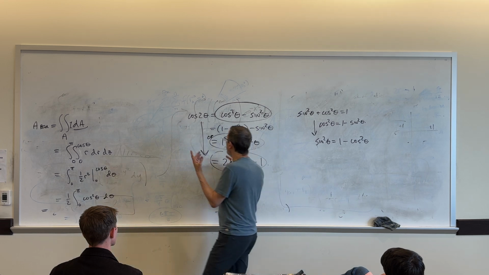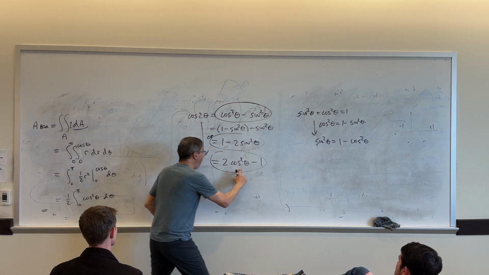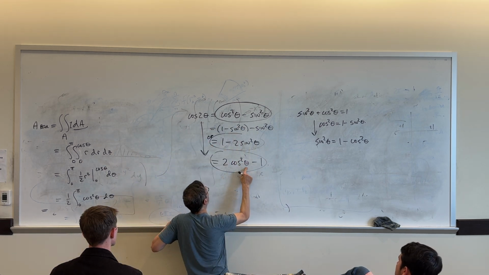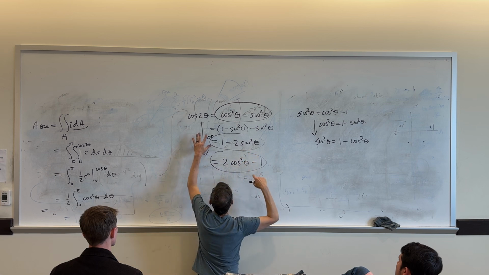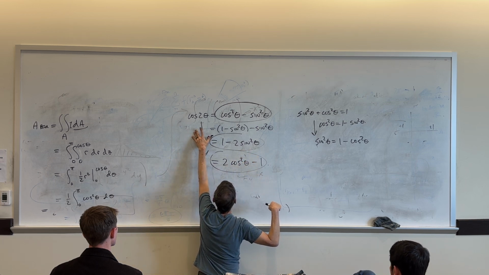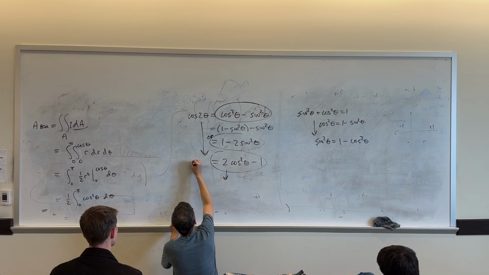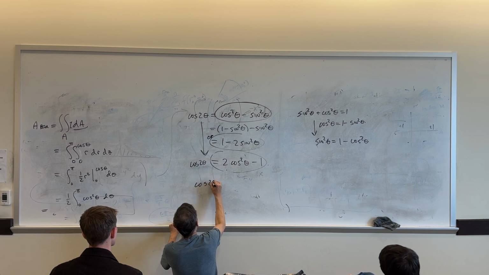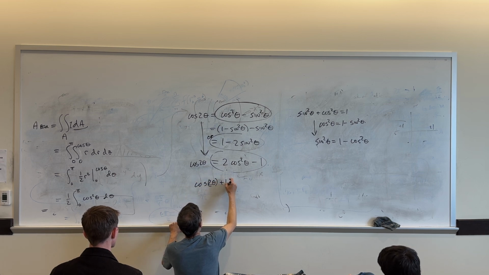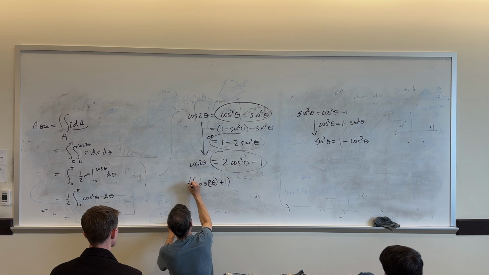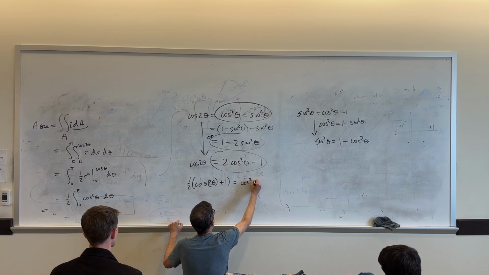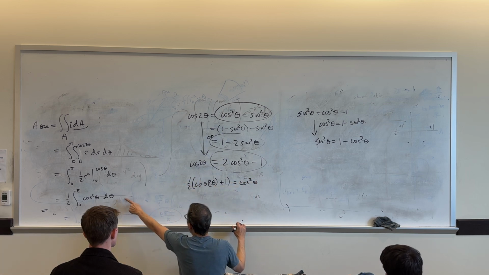So now, this is what Christian was remembering. This allows me to replace a cosine squared or a sine squared with something that's not squared, but will require a little substitution. So here, because I have cosine of 2 theta equals 2 cosine squared theta minus 1, add 1 to each side, cosine of 2 theta plus 1, and then divide by 2, and that is cosine squared of theta. So that's how we do this guy.